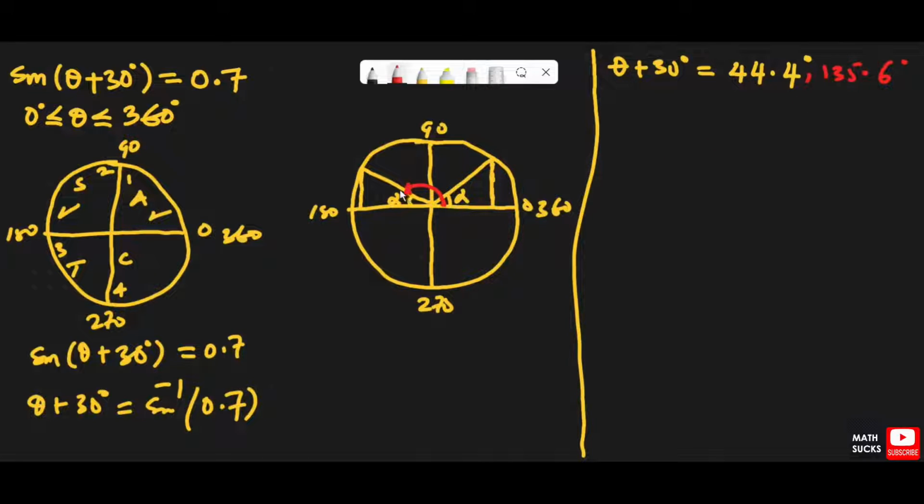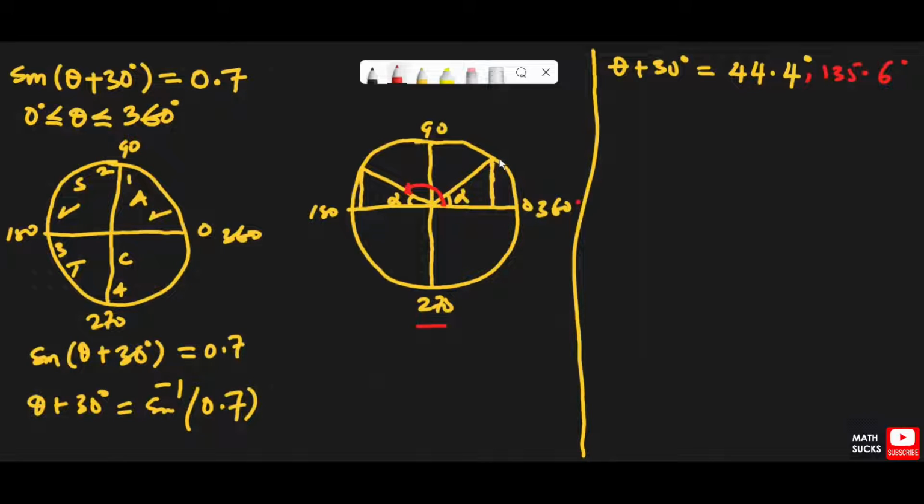Let's see if we move further. If we rotate further, we are going to be at 270, 360. If we move further around here, it will be 360 plus alpha, which is 44.4 degrees.